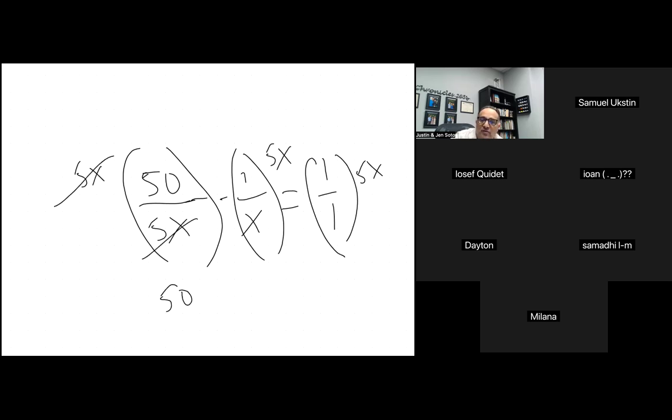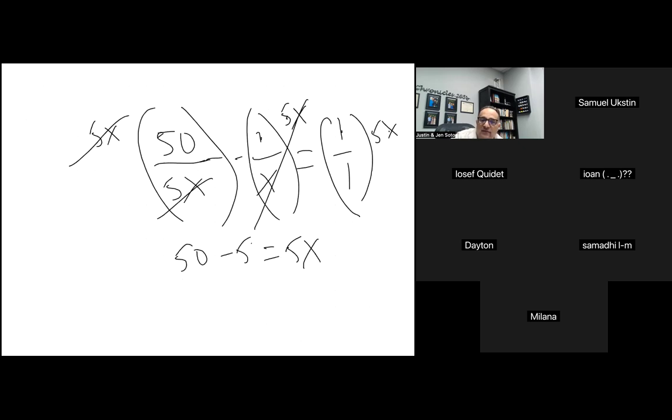X cancels out. 5 times 1 is 5. 5 times 1 is 5x over 1, which is just 5x. 50 minus 5 is 45. Divide both sides by 5. X equals 9. Same answer.